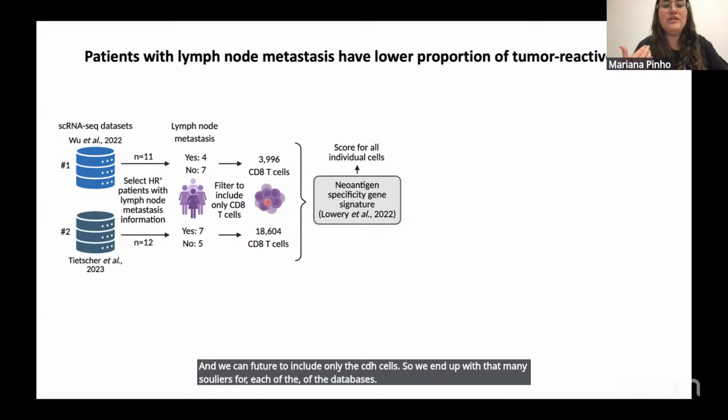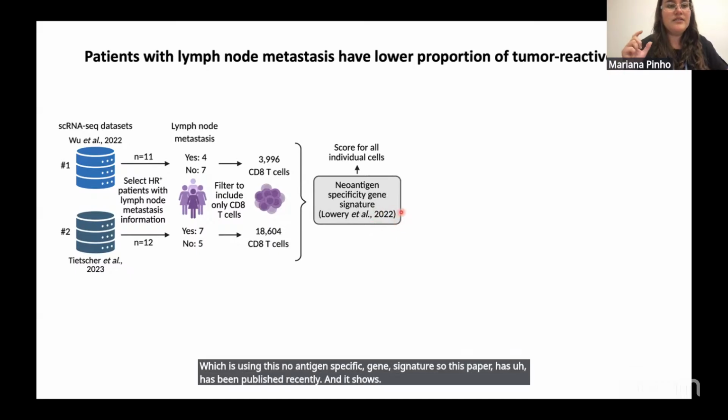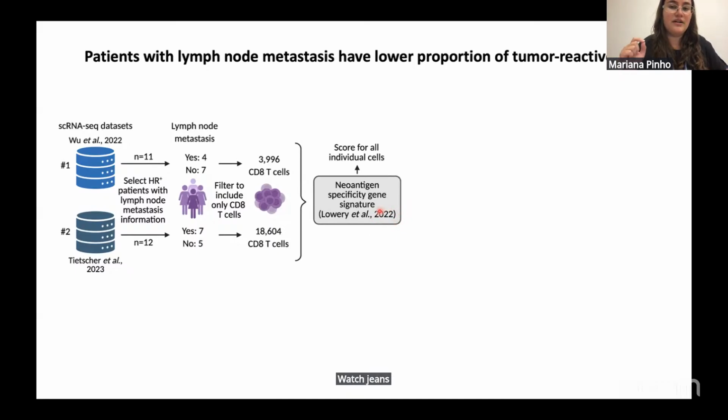And how do we know if these cells are specific or not? That is another way of doing it in an indirect way, which is using a neoantigen-specific gene signature. So this paper has been published recently, and it shows what genes the cells usually express in these kinds of patients if they are tumor-specific T cells.